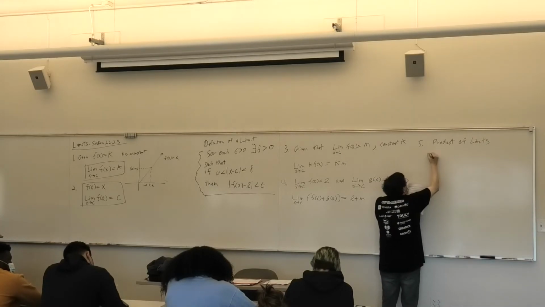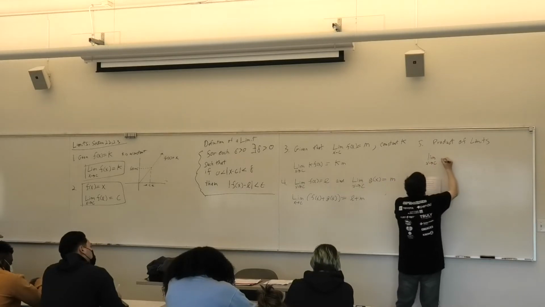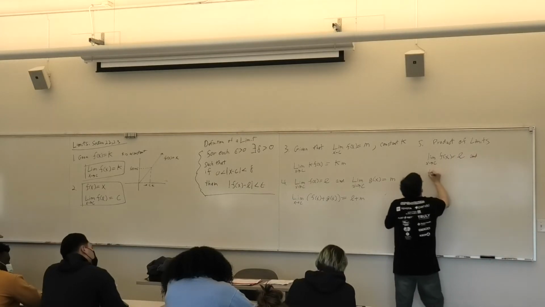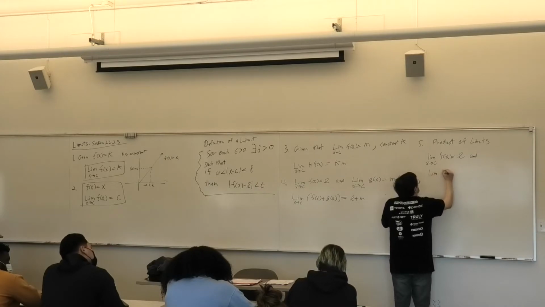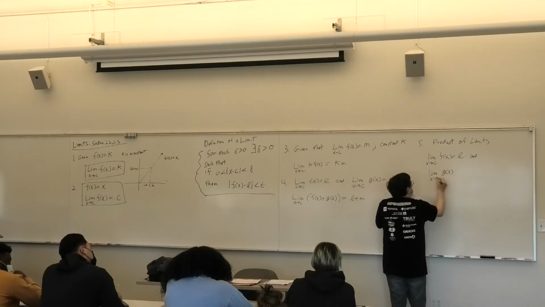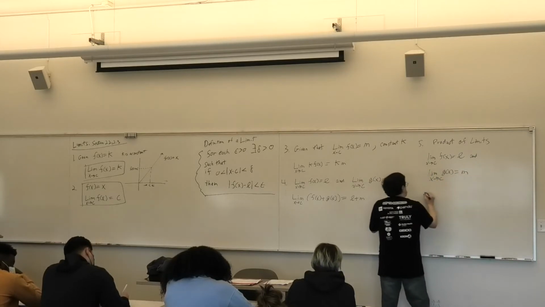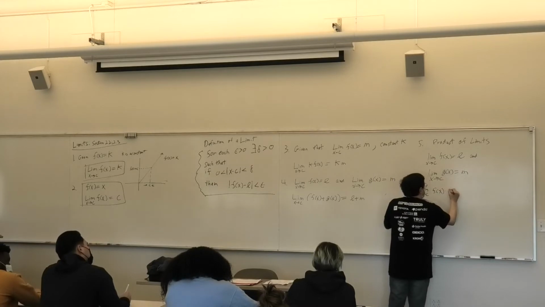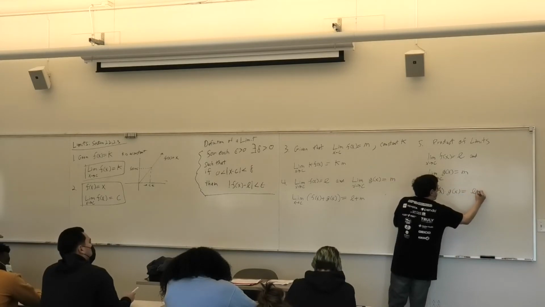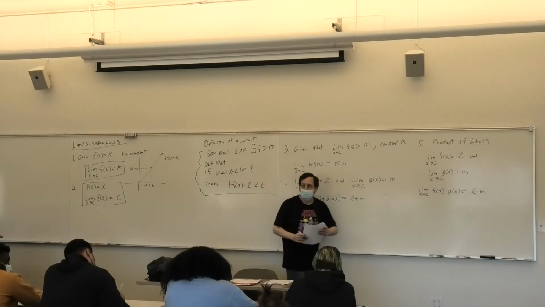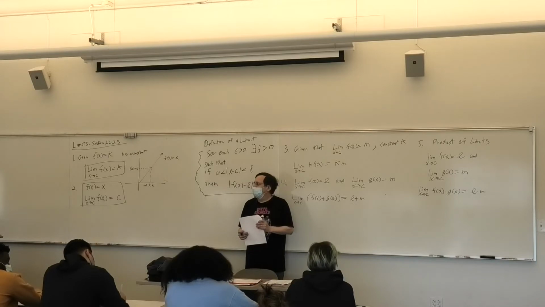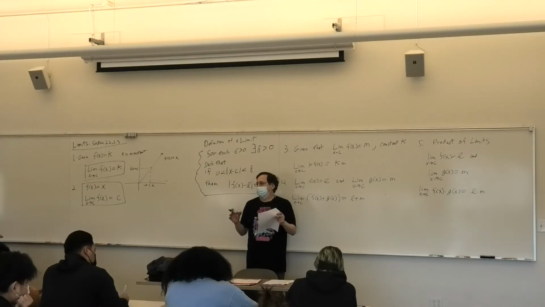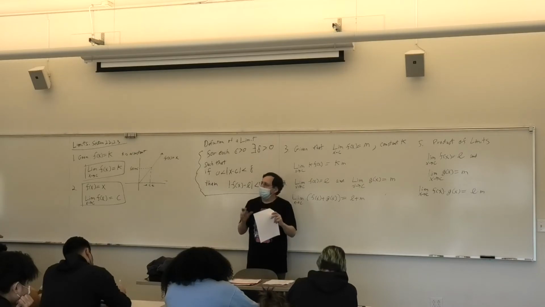Says if the limit as x approaches c of f of x equals L, and the limit as g of x as x approaches c is equal to m, then the limit as x approaches c of f of x times g of x is just going to be L times m. Oh, that's nice. So if I can break up some function into two functions whose limits I know, I can then just individually evaluate those limits.